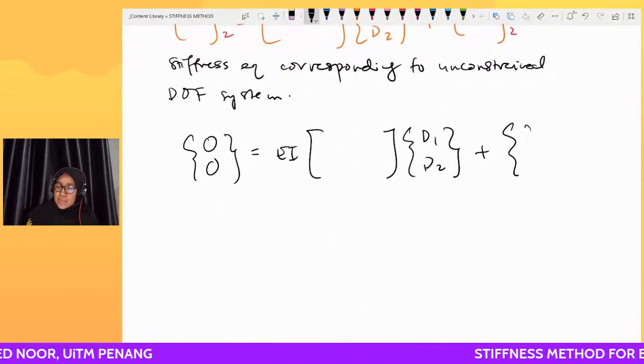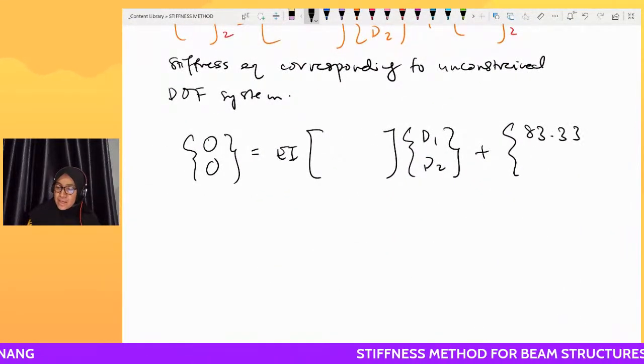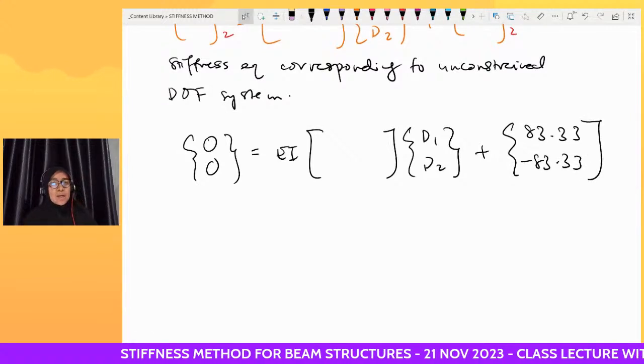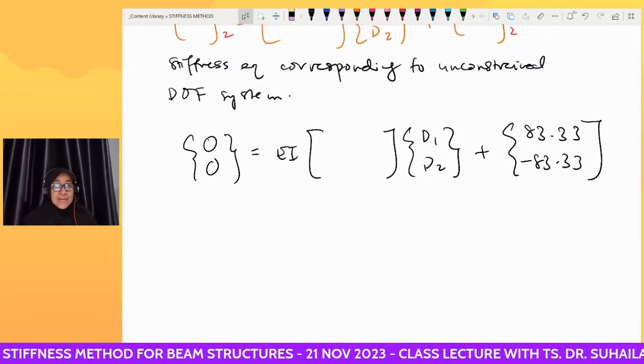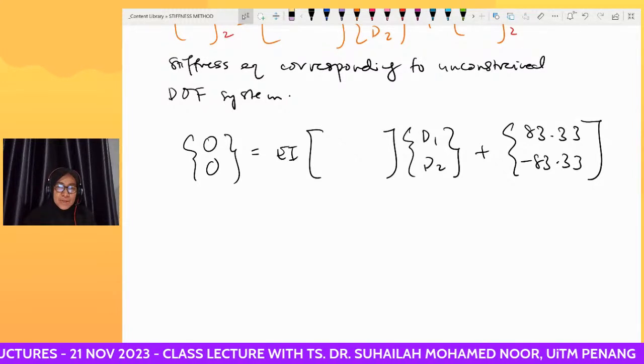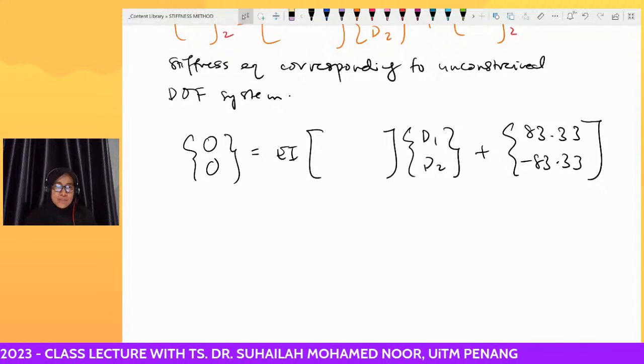So here is 83.33 and negative 83.33. Okay, this is enough to calculate unknown displacement. By solving this equation, we get unknown displacement.